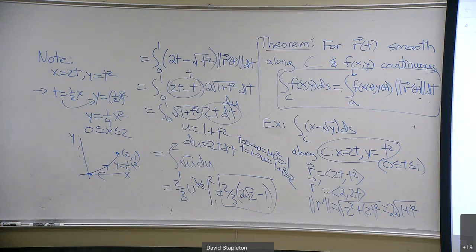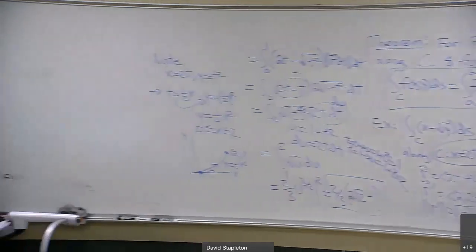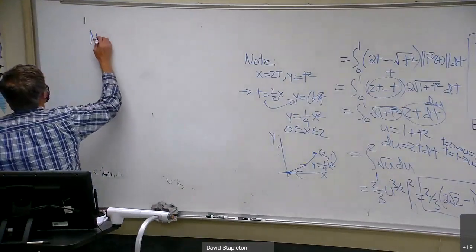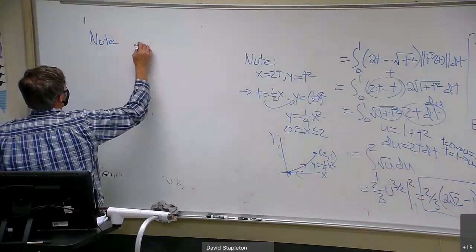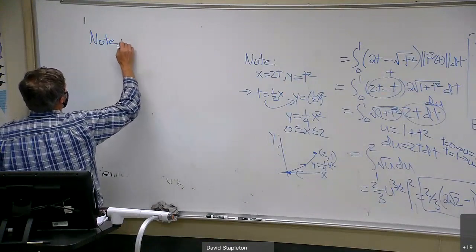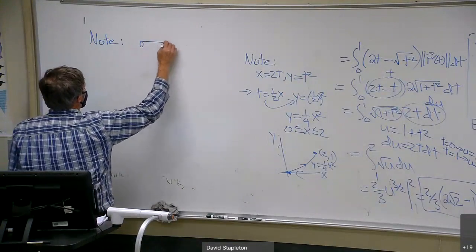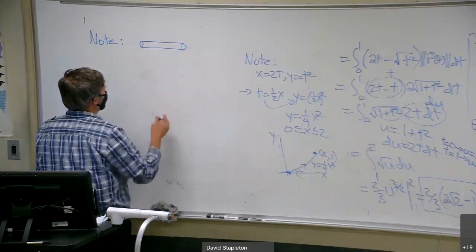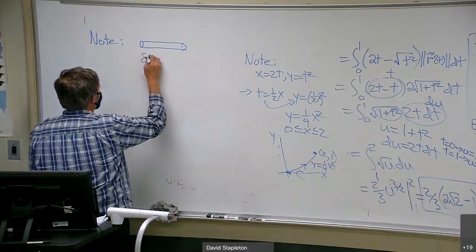Actually, what you'll find is this is a more general domain than just the height of the curtain. Remember, in one dimension, if you wanted to find the mass of a rod, how did you find the mass of a rod if you had its density function, let's say delta of x?